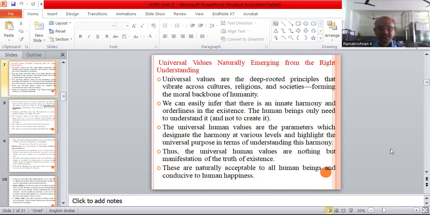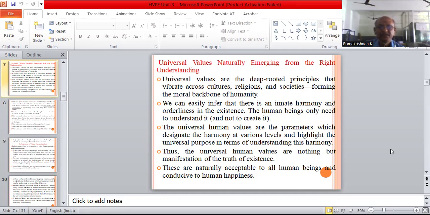Next, let us consider the human values associated with right understanding. The harmony present internally comes with the right understanding only. We can classify and understand, but we cannot create.